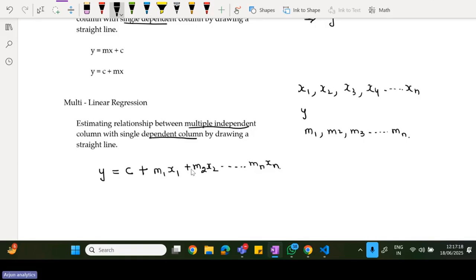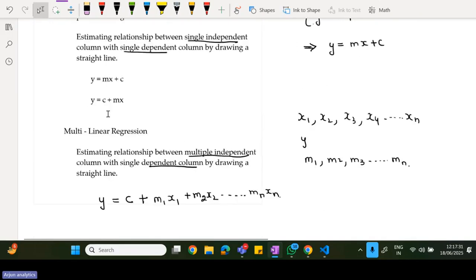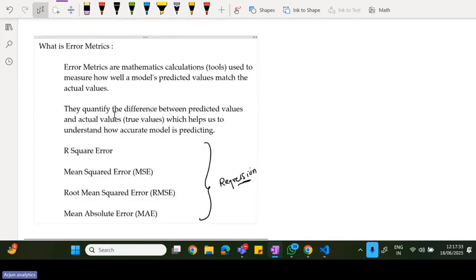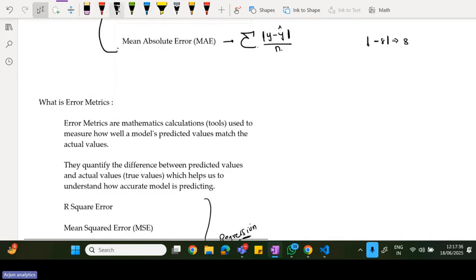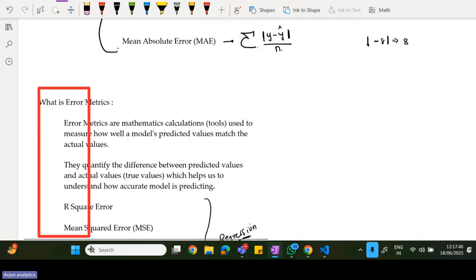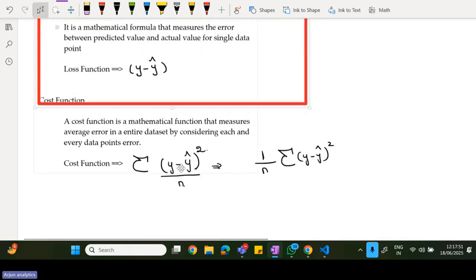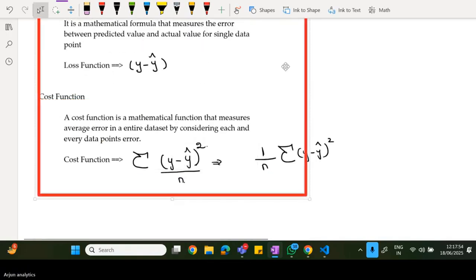This is called multilinear regression. So there is simple linear regression, and these are the equations, please remember them. And the error metrics are also very, very important. There is a very good chance of these questions being asked.